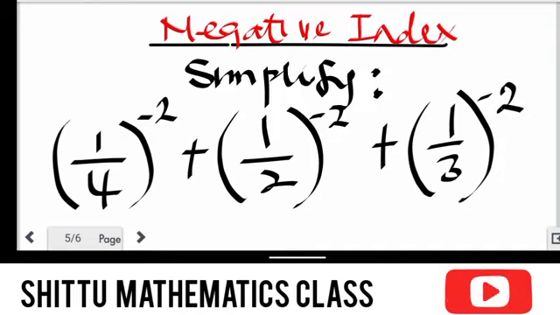Do not be confused or discouraged by the fact that we have fractions and negative powers at the same time. It's very simple.